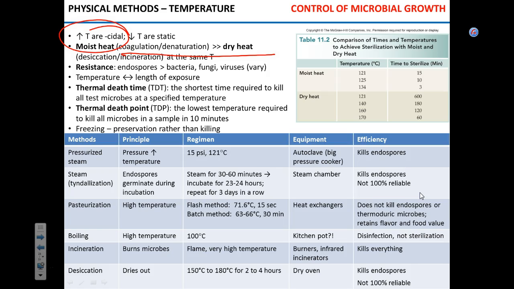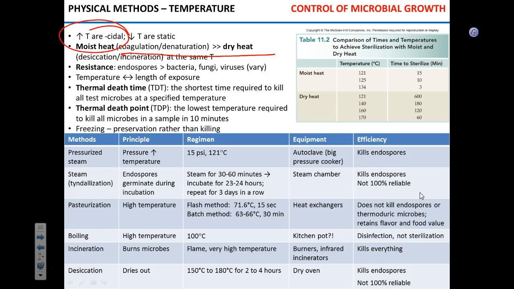Moist heat, since it's more effective, it takes less time to decrease number of microbes. Does that make sense? The D value for moist heat is going to be smaller than for dry heat, given everything else is the same. Okay? Questions? Erin?